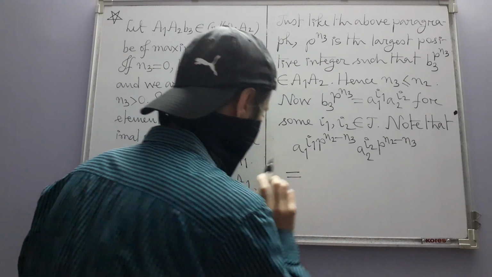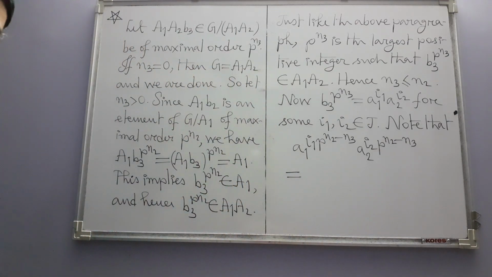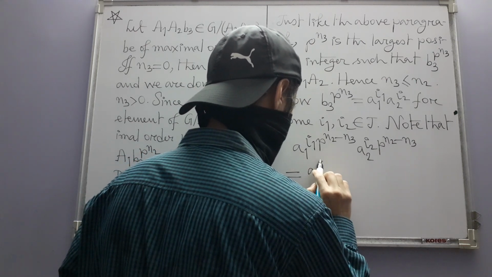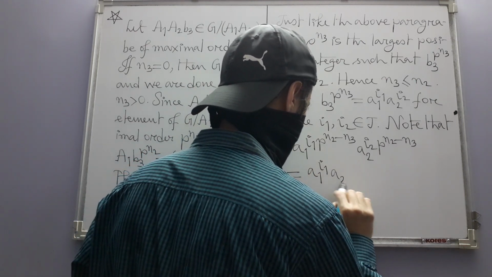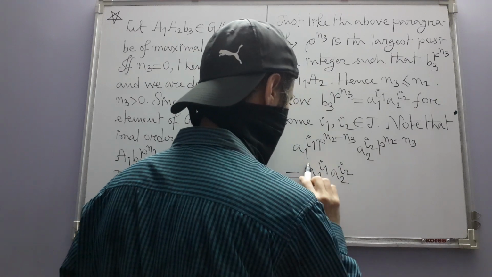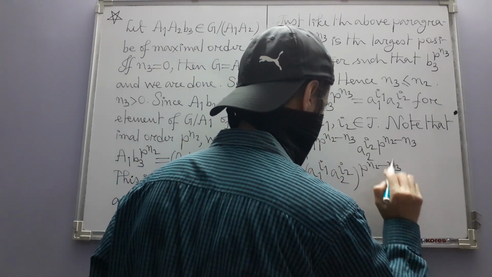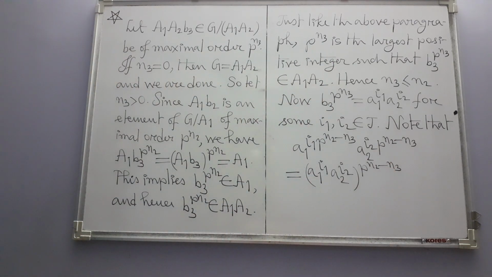Now, since we are in an abelian group, we can of course write this N2 minus N3. Okay.